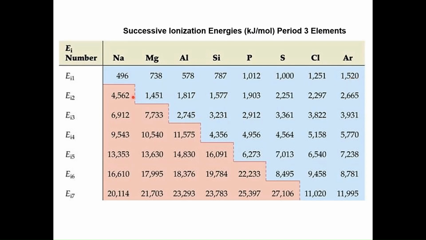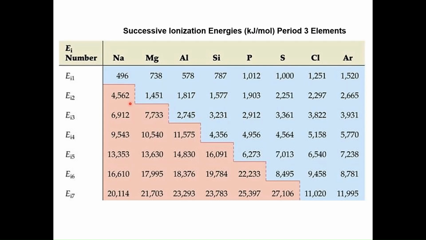If we jump to the second row of values, you'll see that the numbers are quite different. The second ionization energy for sodium is more than 9 times as high as the first ionization energy. This is of course explained by the fact that sodium wants to keep the remainder of its electrons because it has reached a stable electron configuration.